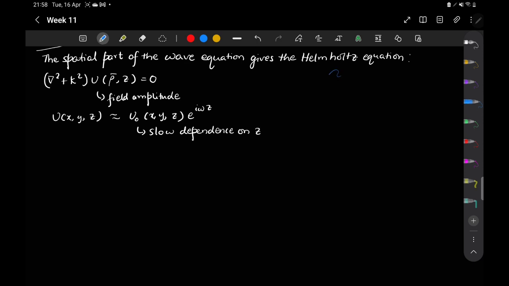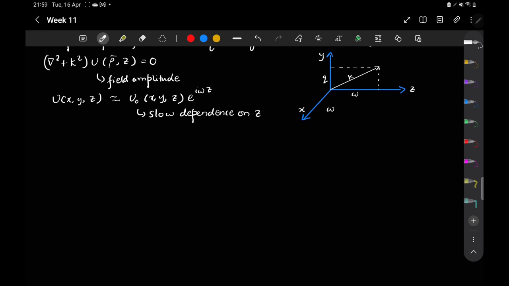And let me draw the coordinate system. Now under the paraxial approximation, we take that the z component is approximately the same as this wave vector.